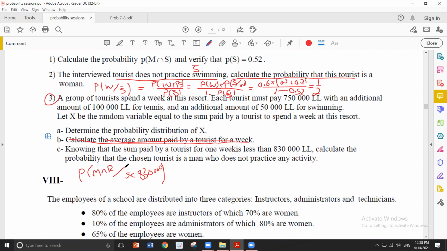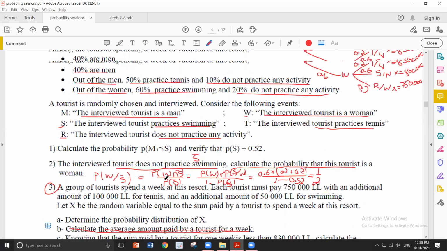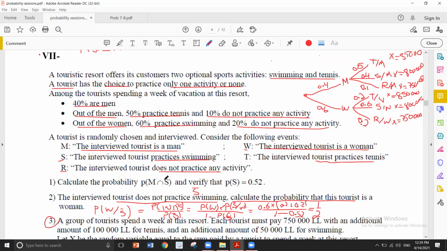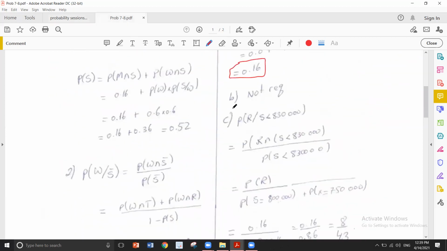Okay, who can tell how to calculate this probability? The sum less than 830,000, what should the sum be? Swimming 800,000 or 750,000. So I write the probability of R such that X is less than 830,000.